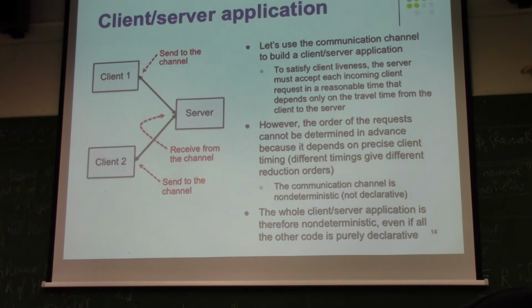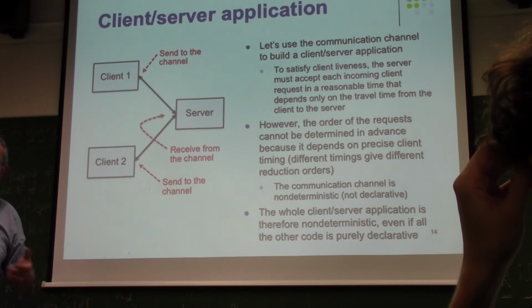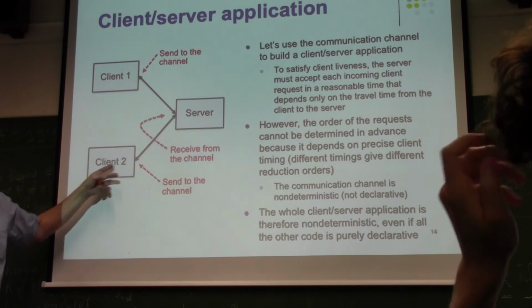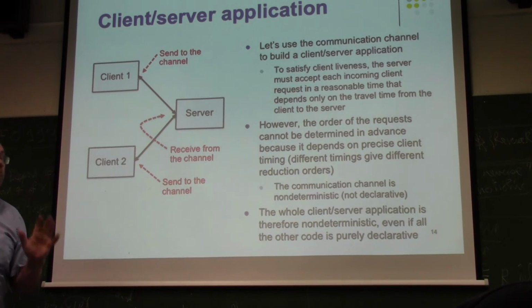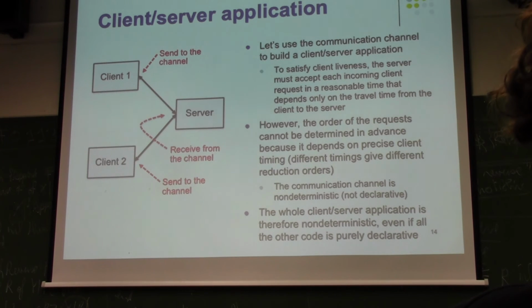So everything I taught you on declarative programming, you can still use it, okay? You don't have to throw it away, because most of your code will be declarative, hopefully, if you write it well. So this is an example. It's the same example. I like this example because it's very simple and still very realistic, okay?